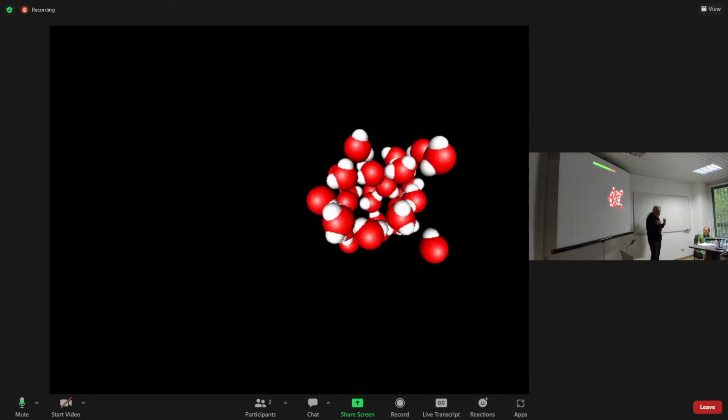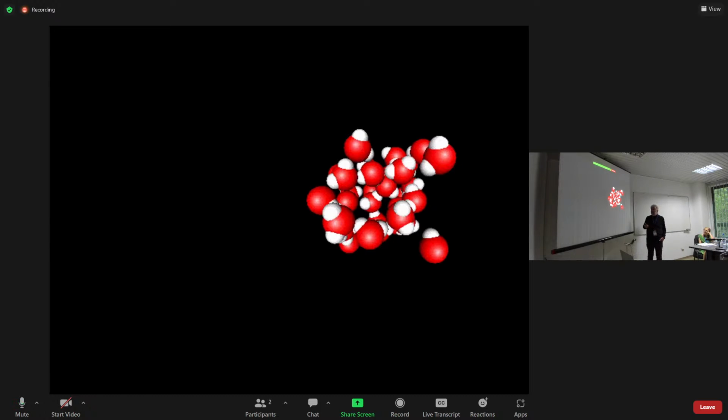Okay, so it's based on structure, and I like water molecules very much. They are among the simplest molecules there are, but they are also the most complicated molecules. And here is a group of water molecules. You probably can see it, and they're very happy.